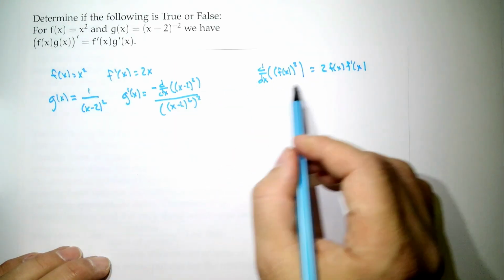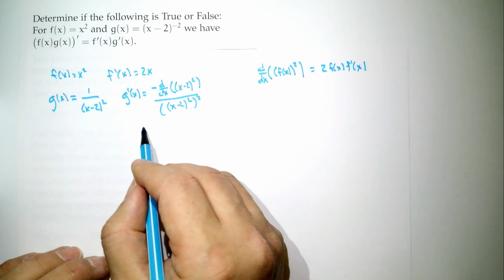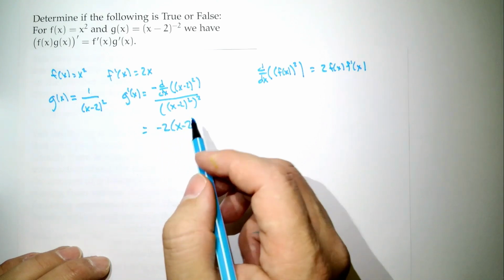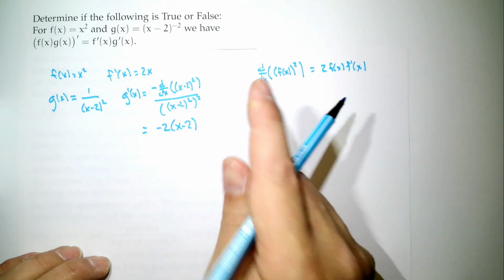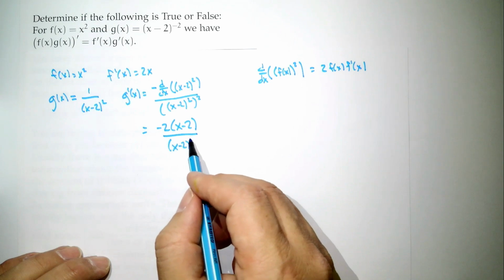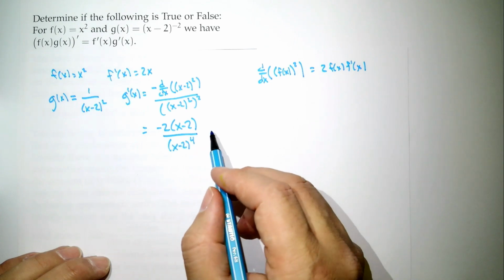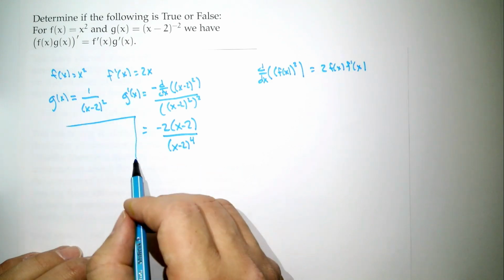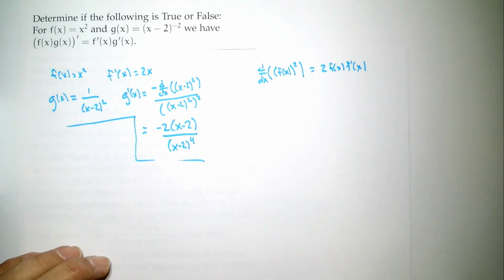Since it's a function squared, that would be minus 2 times x minus 2 times the derivative of x minus 2, which is 1, divided by x minus 2 squared squared, x minus 2 to the 4th. And okay, we'll just leave it there for right now. If we need to simplify it later, we will.